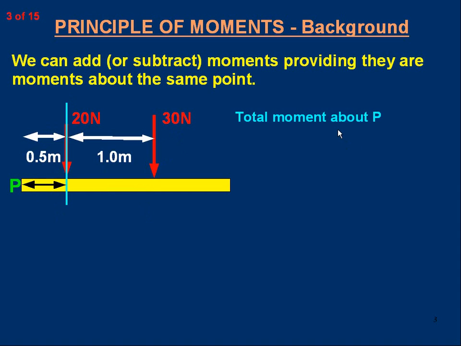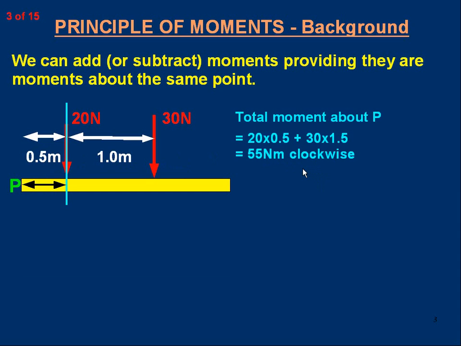So the total moment about P is obtained simply by adding them together. 20 times 0.5 plus 30 times 1.5. We've used the same point to take moments about, and we can just add the values up, giving 55 Newton meters, and both give clockwise moments, and the total moment is clockwise.